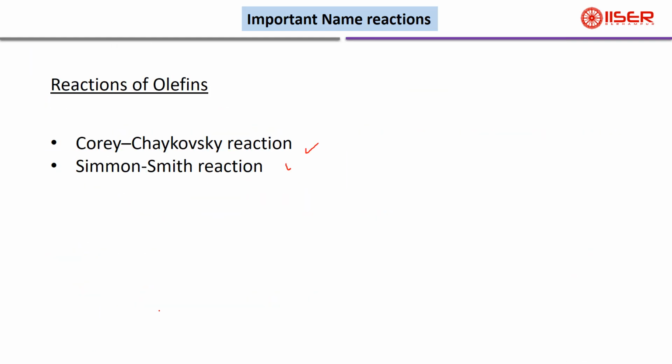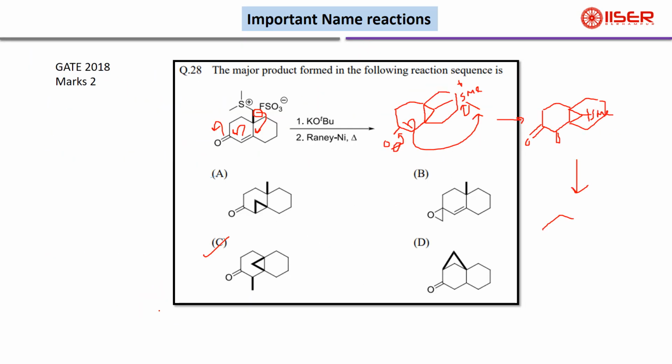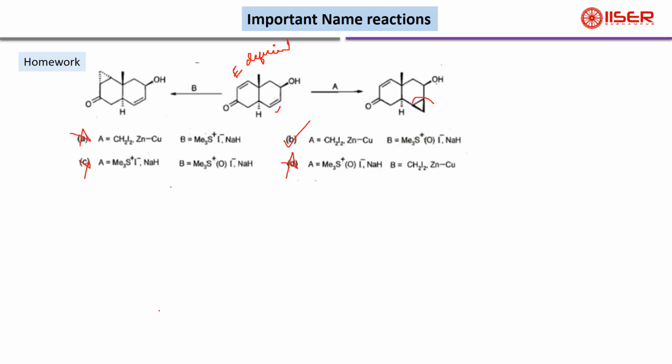We solved some questions based on that. In the next class, I will try to come up with the retrosynthesis of some molecules using whatever reactions we have discussed till now. Using those, how can we plan a retrosynthesis of any molecule? I'll try to come up with those. So thank you everyone. Have a nice day.